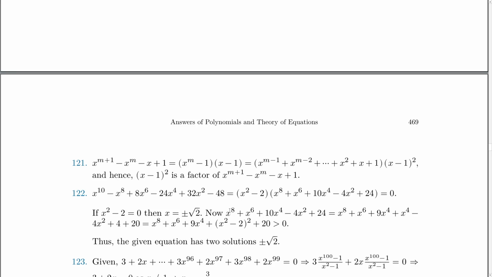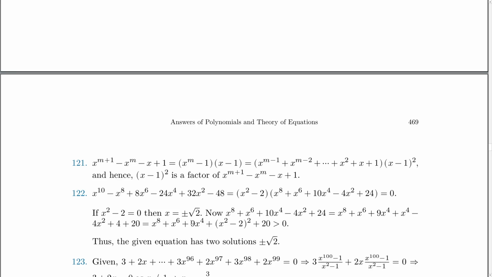Now, if you look at the remaining equation, that is x to the power 8 plus x to the power 6 plus 10x to the power 4 minus 4x square plus 24. So what we do is we rewrite this. We write it as x to the power 8 plus x to the power 6 plus 9x to the power 4 plus x to the power 4 minus 4x square plus 4 plus 20. So this gives us x to the power 8 plus x to the power 6 plus 9x to the power 4 plus x square minus 2 whole square plus 20.